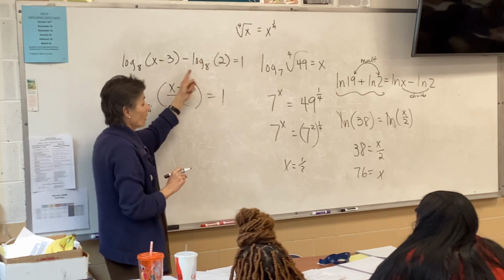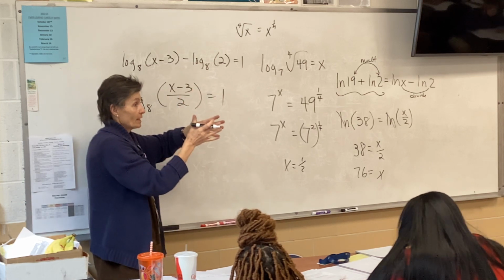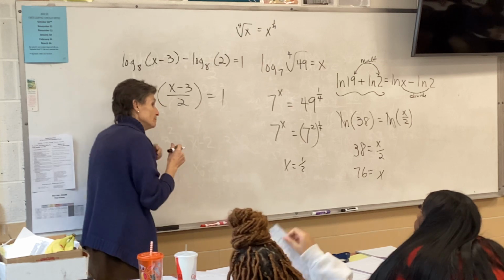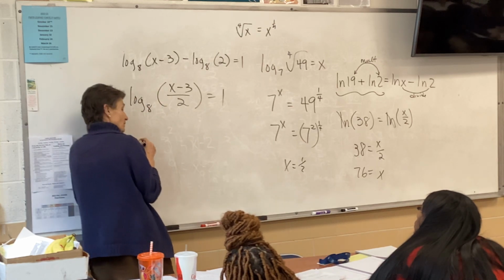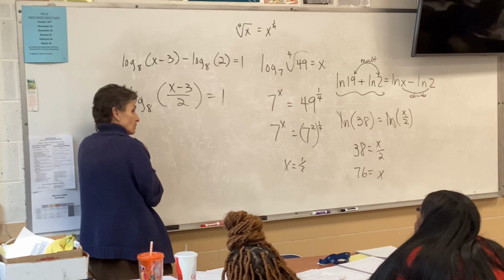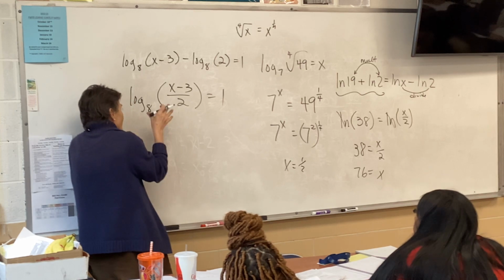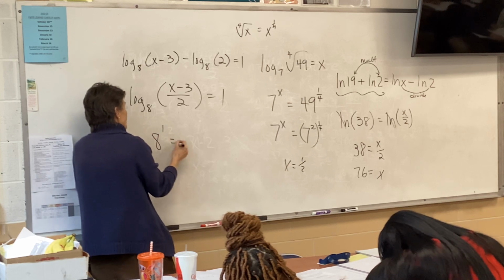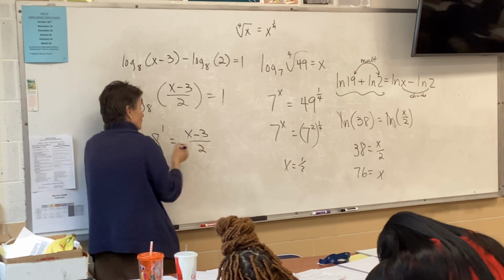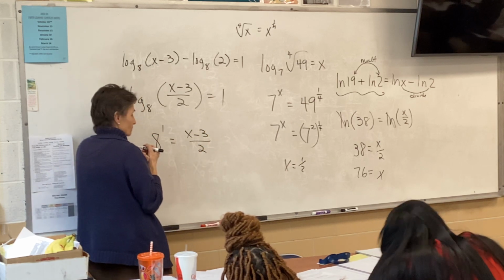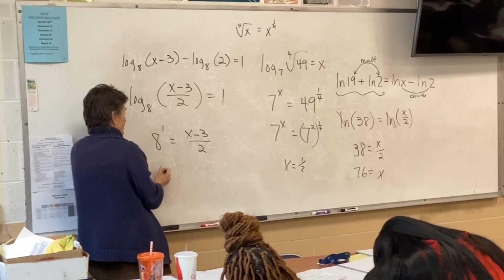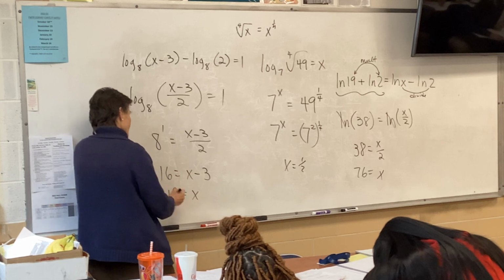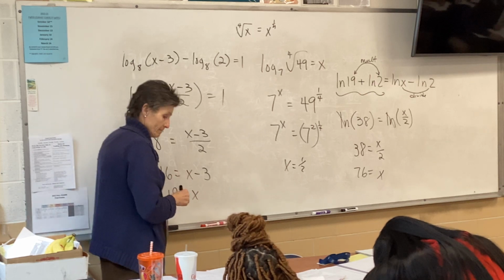If you have two logarithms on the same side, put them together. Now what, Robbie? And you loop-de-loop, absolutely. Because when do we loop-de-loop? Whenever we have log equals number. So 8 to the first equals x minus 3 over 2. So it looks like my answer is 19, if I did my arithmetic correctly.